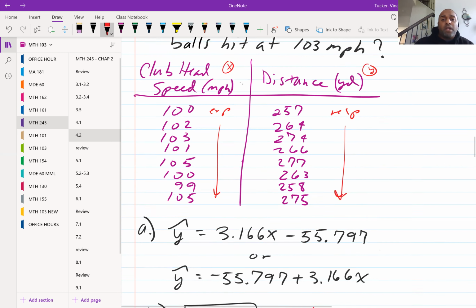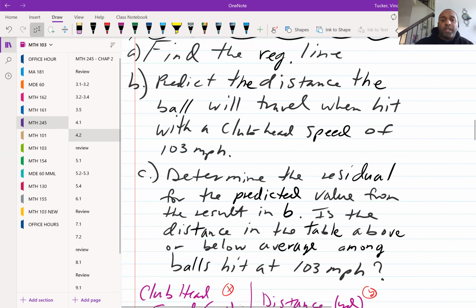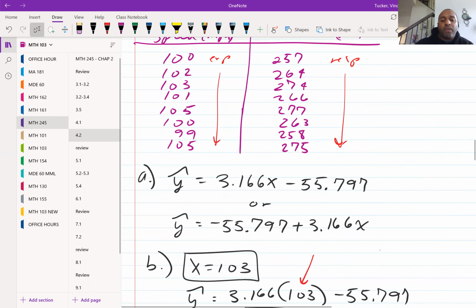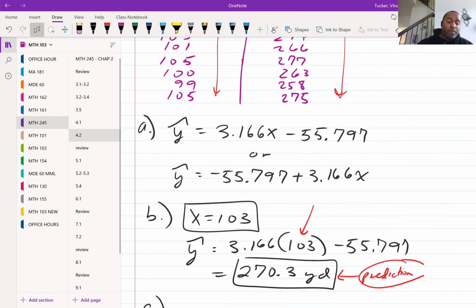So always make sure you're paying attention to the details. Okay, so B says predict the distance the ball will travel when hit with a club head speed of 103 miles per hour. So all that means you're going to take the 103, plug it into your equation. Once you do that, you get your prediction.